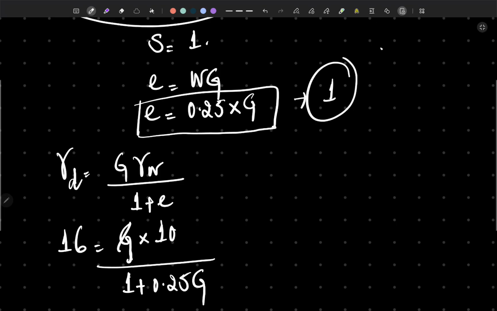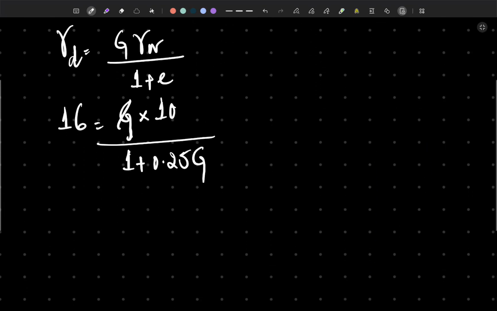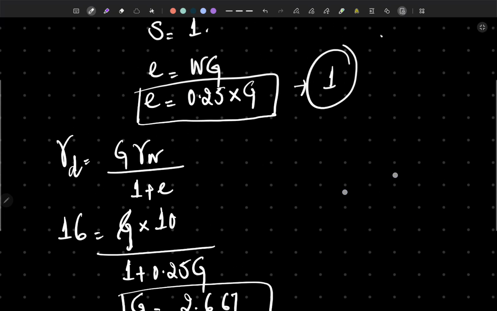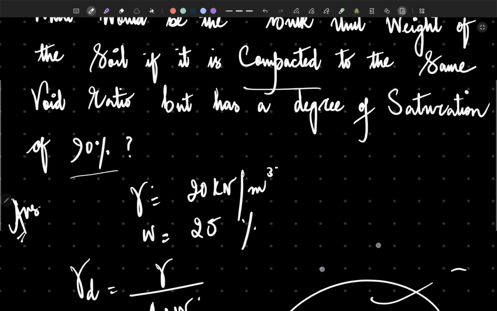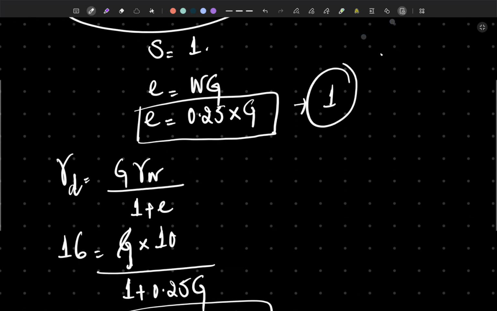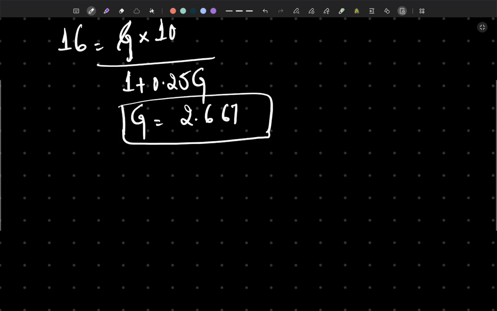We'll be using the same value over here. Now upon calculating, G is equal to 2.667. That means we have found the value of the specific gravity of solids as well. This part is also completed. G is 2.667.